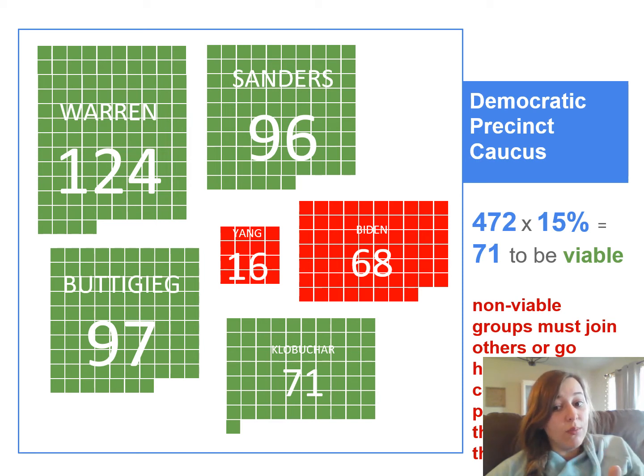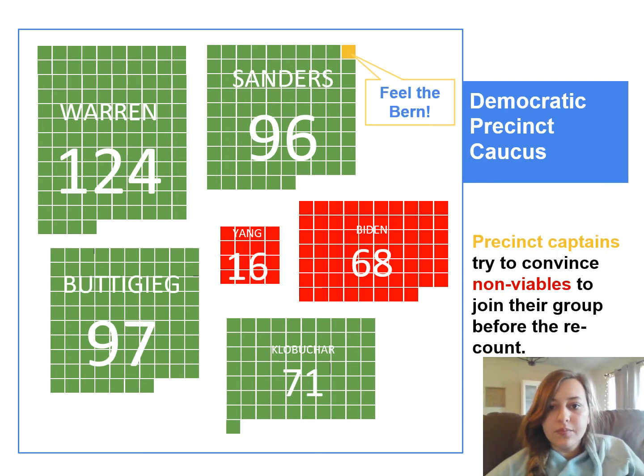He needs 3 more people to join his group to be viable. So his campaign's not going to give up here. Andrew Yang's is. What happens next is precinct captains from each of the different campaigns try to convince the non-viables to join their group before the recount.